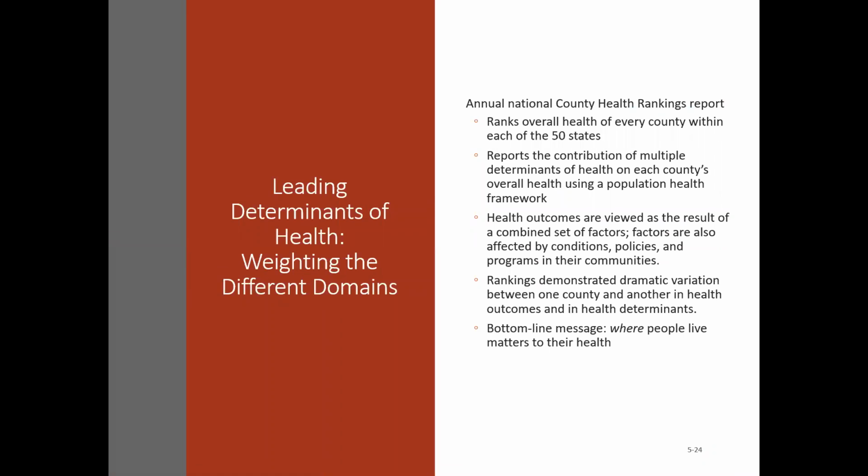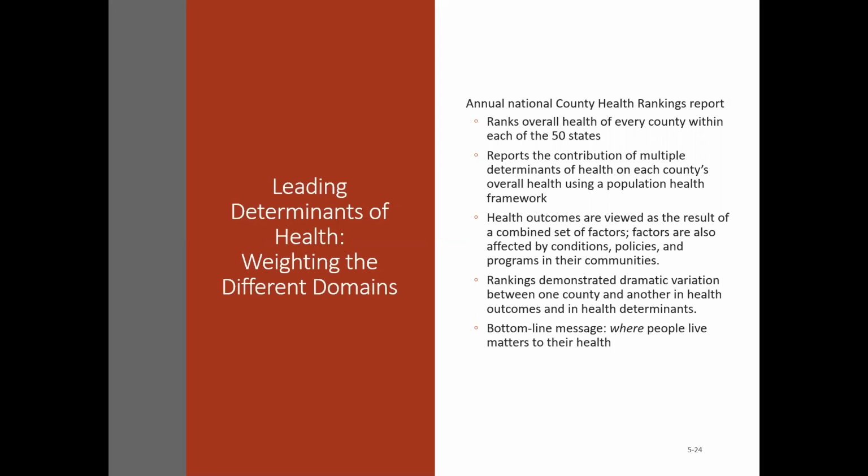When we weight these different domains to understand which one has more of an impact on health outcomes, one you may not be familiar with is called the County Health Rankings Report. It has been around for quite a few years, but really what it does is rank the overall health of every county within each of the 50 states. This is a collaboration between the Robert Wood Johnson Foundation and the Wisconsin Population Health Institute. It reports the contribution of multiple determinants of health on each county's overall health.